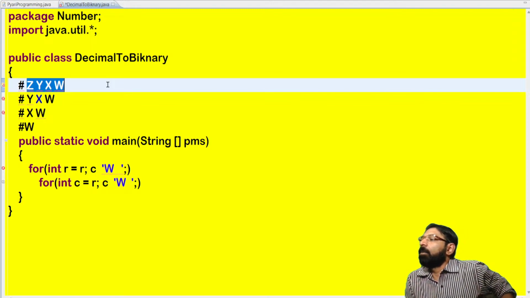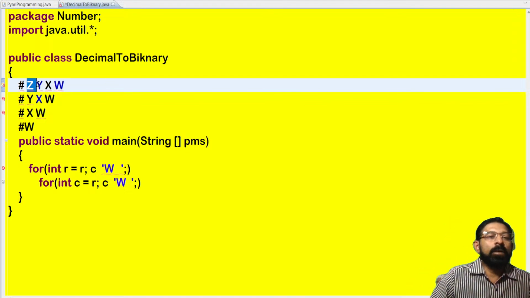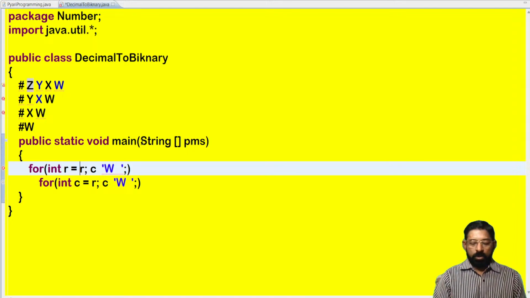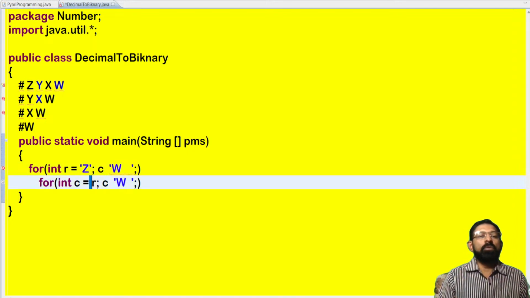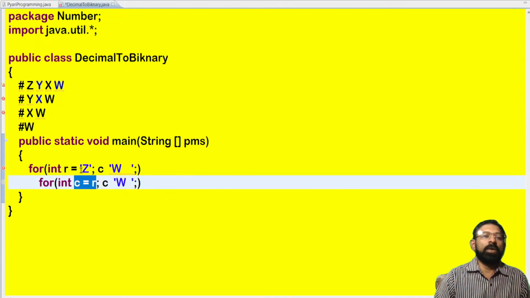Left hand side, by mistake I typed right hand side. Okay, got it. It starts from Z. Look at this row. So that's why it should be Z. Then only C will be Z. Because I am saying R. So if R value initially is Z, C initial value will be Z. Then only it will start from Z.